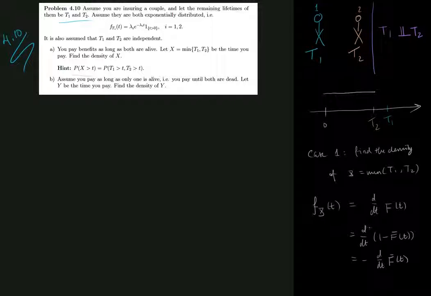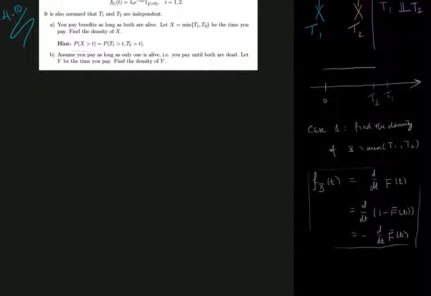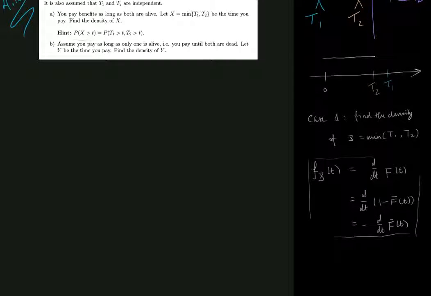So it's really good to recall the connection between the density, the survival function, and the distribution function. So in A, we want to find the density of X, and something tells us that we will start by finding this, and then we will try to differentiate it. Put a minus sign in front.